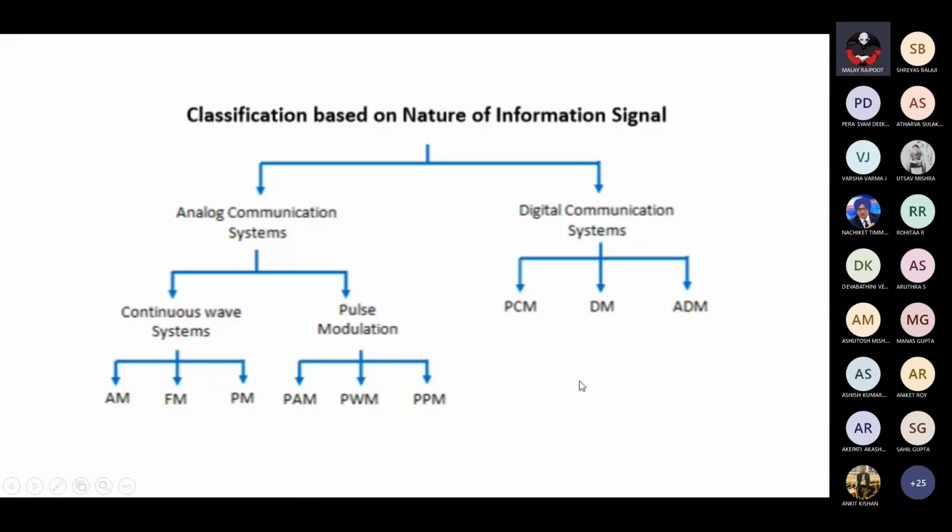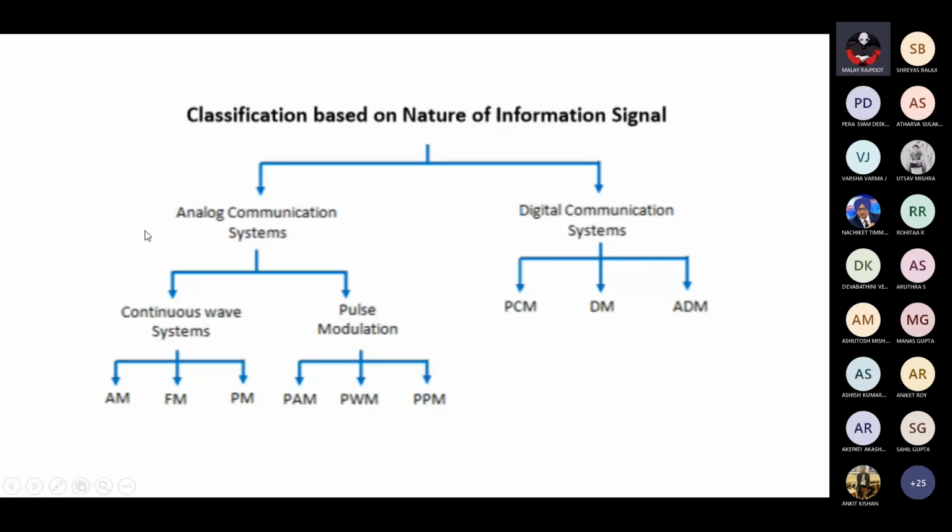Okay. And digital modulation. In digital communication systems we have again three different types of modulation. One is pulse code modulation, delta modulation, and adaptive delta modulation. All these concepts you will be studying in detail in digital communication. There is one course which is going to deal in detail with all these types of modulation, which is digital communication systems.